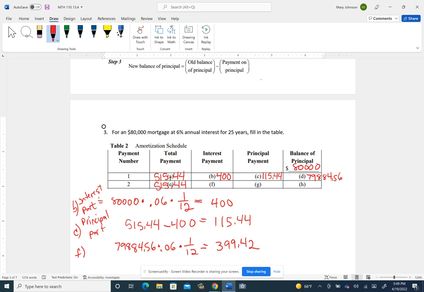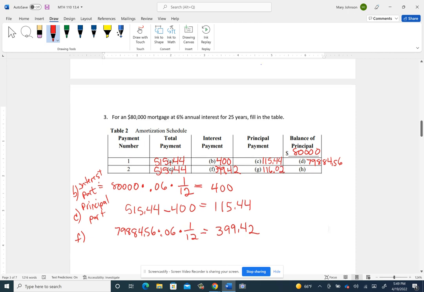So it's almost the same, a little bit less goes towards interest, which means a little bit more is going towards the principal. So we would subtract $399.42 from the $515.44 and would get $116.02. Right? Does that make sense?